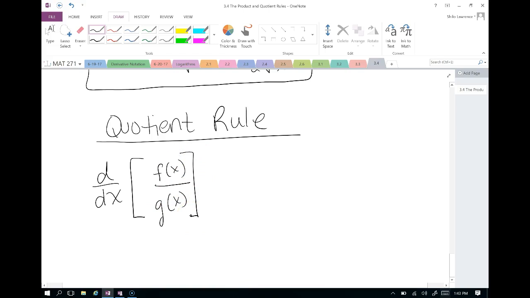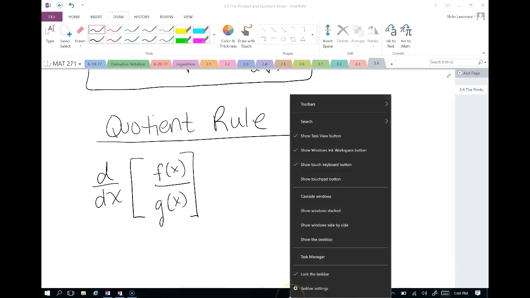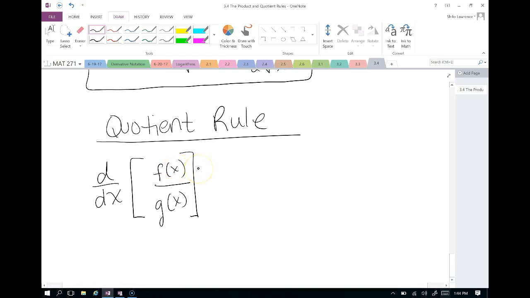Now, quotient rule can even work if the numerator doesn't have any x's in it. Some people like to use quotient rule anytime that you have x's in the denominator, and that's perfectly fine. You can do that. That just means our f of x is going to be a constant, and we'll look at an example of that so you can see.